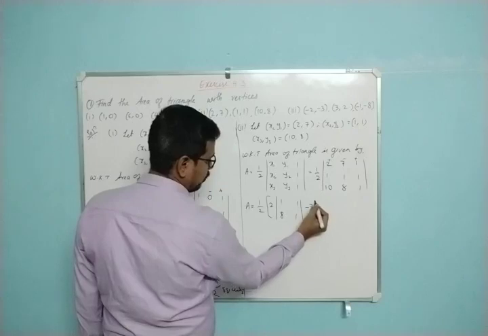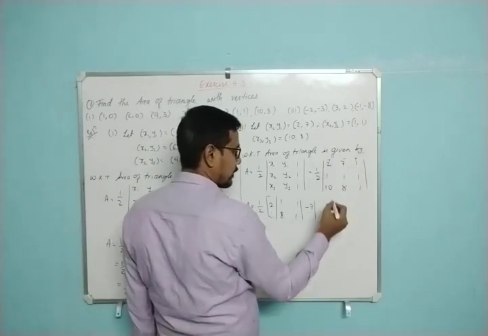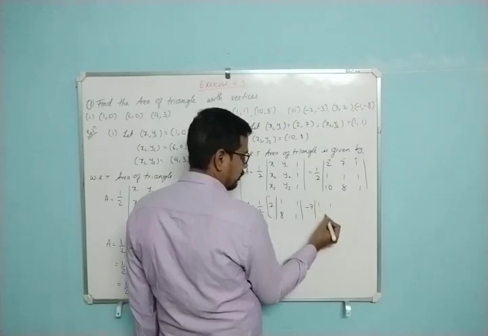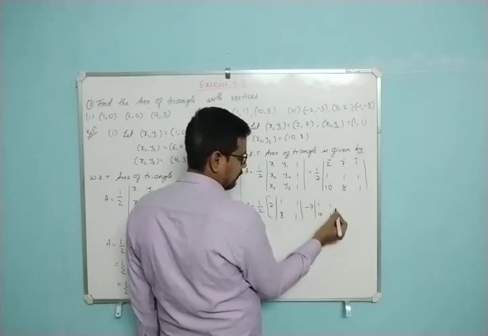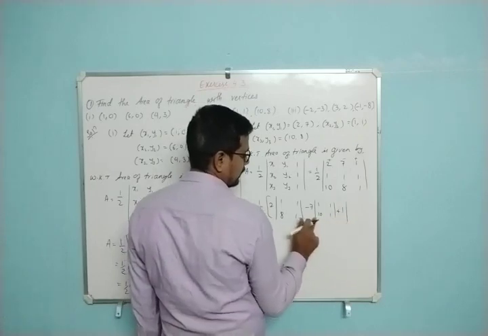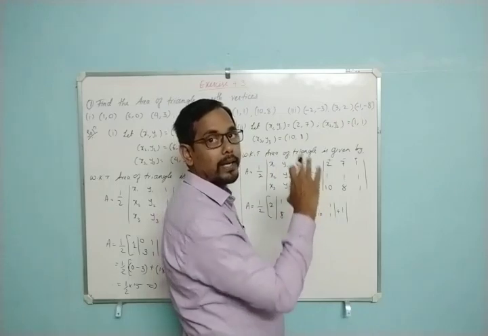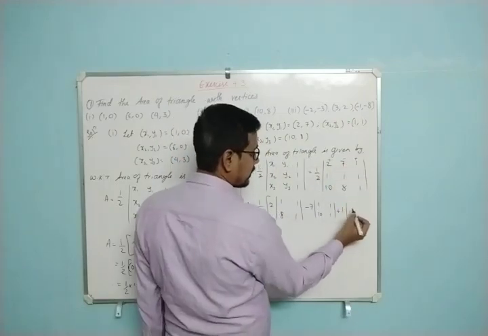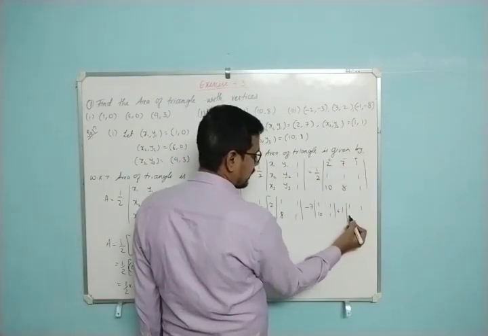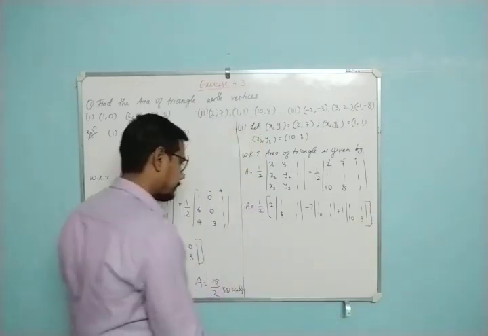Minus 7 into, 7 is in the first row and second column, leaving these, what remains is 1 1, 10 1. Plus 1 into, this 1 is in the first row and third column, so leaving them, what remains is 1 1, 10 8.